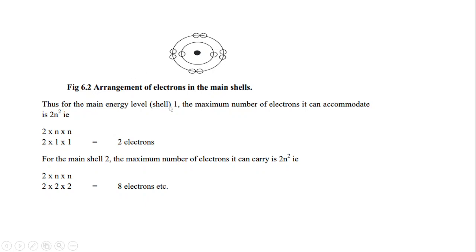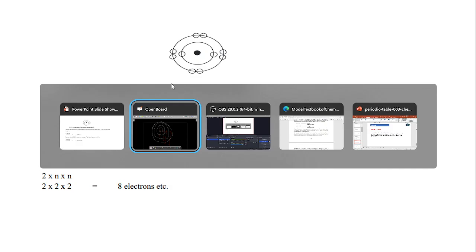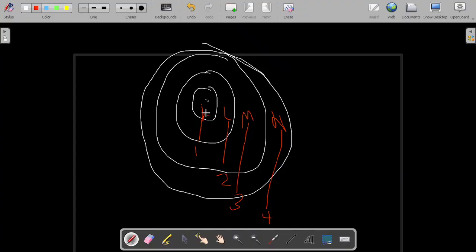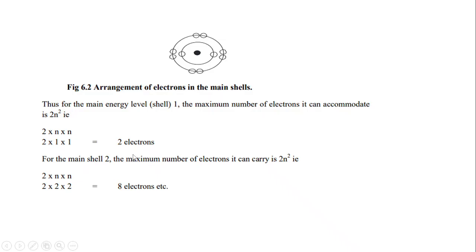Thus, the maximum number of electrons the K, L, M and N shells can accommodate is 2n squared, where n represents the energy level. That is 2 times n times n.